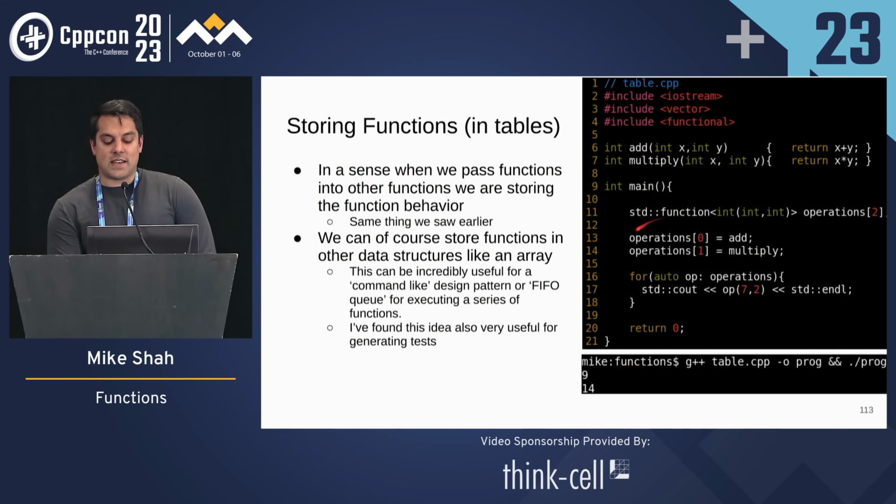So again, the purpose of this slide is just to show you I have this array here of two operations that take in integers and return integers, and I've assigned them to add and multiply. And I can just call my operations here in a loop. Nice for testability or driving your program, essentially.